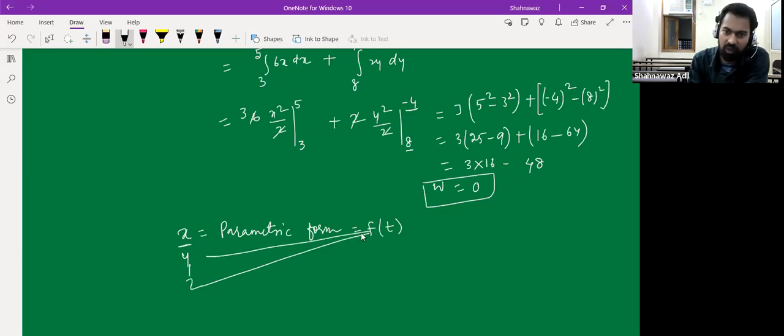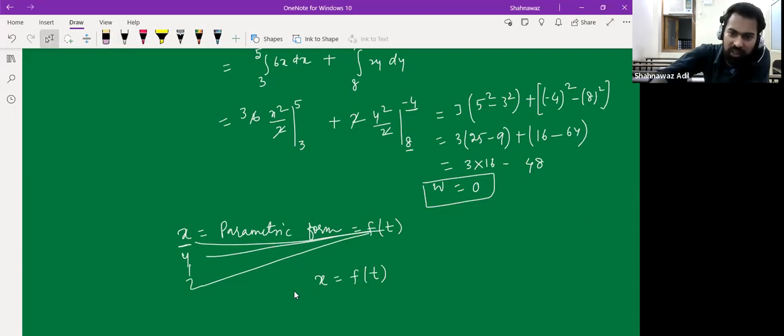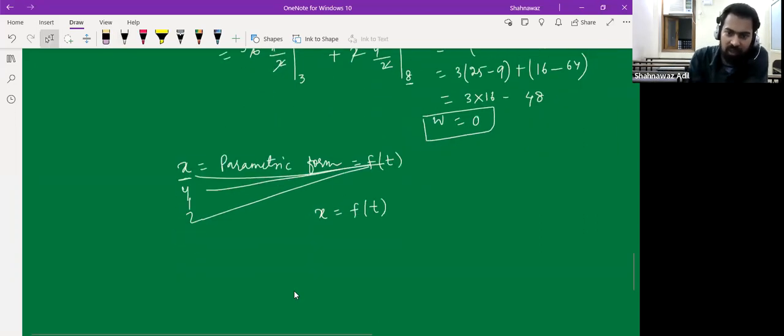Let's take one variable only, and say X is a function of t. Then you change your integral, so this is F dot dr, to some dt.